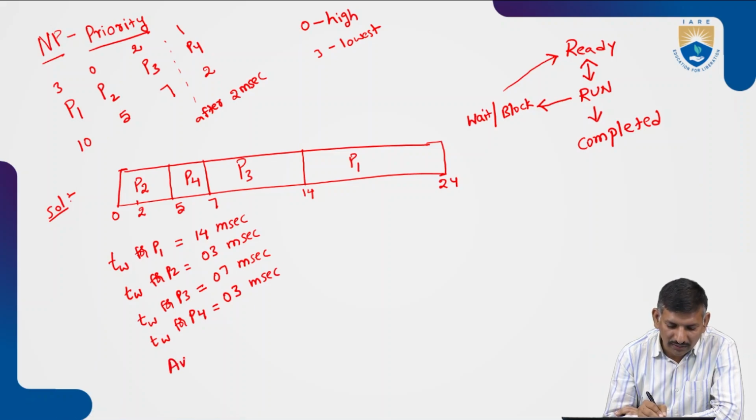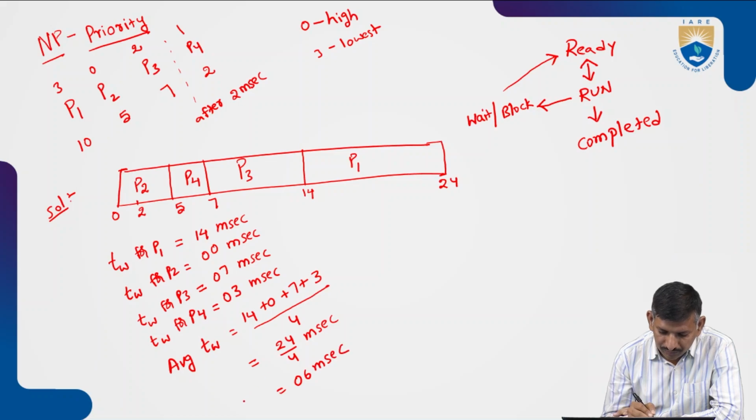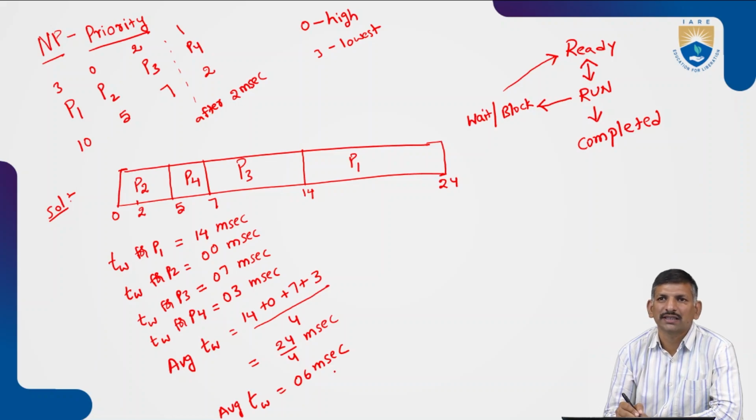So the average waiting time for this requirement in this scheduling algorithm is 6 milliseconds.